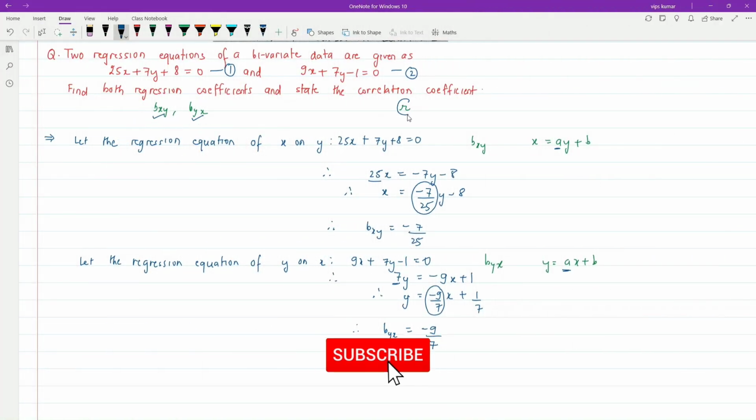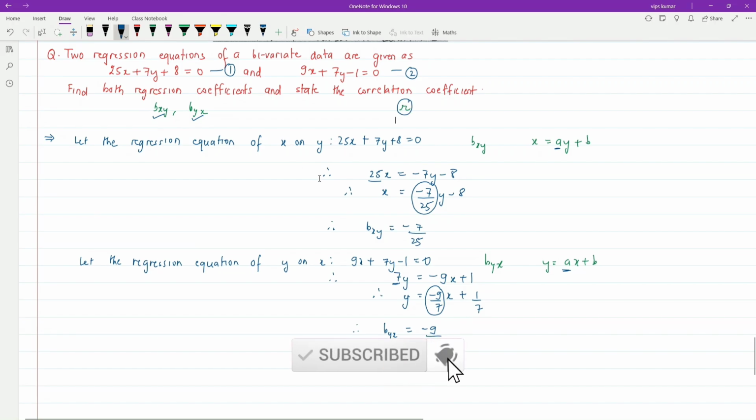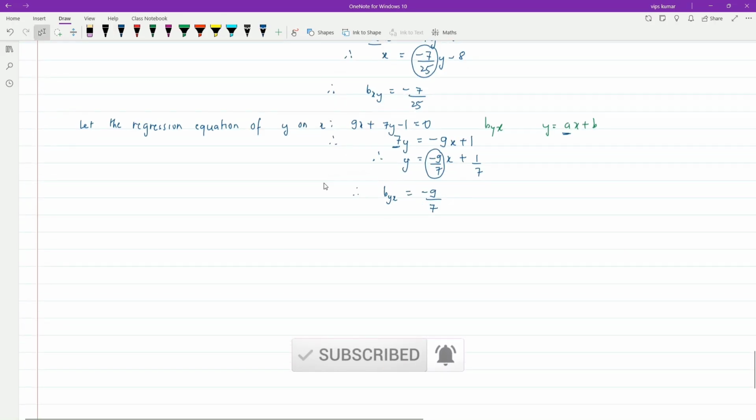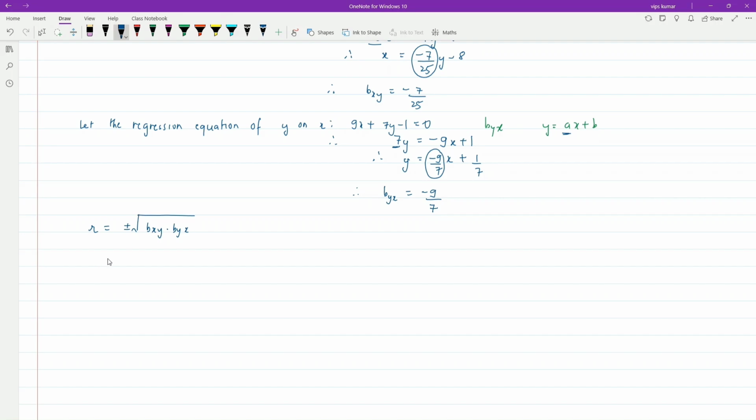Now moving on to the last part, that is the correlation coefficient. And if you can recall, the formula for R is plus minus square root of Vxy into Vyx. So this is going to be plus minus square root of Vxy, which is negative 7 over 25, into negative 9 over 7.